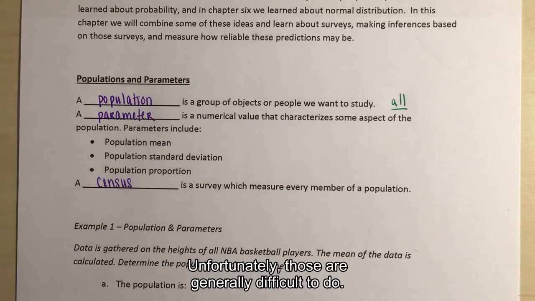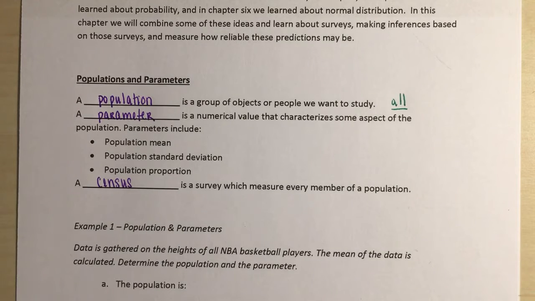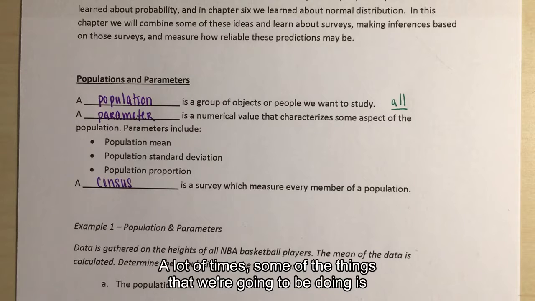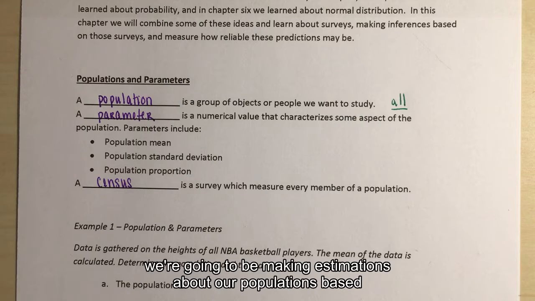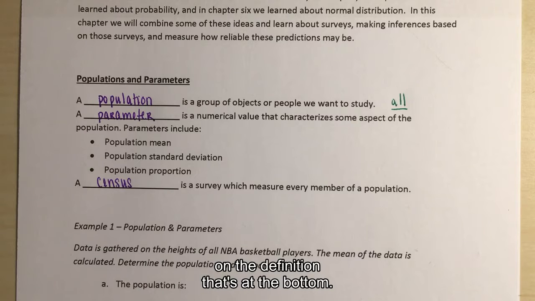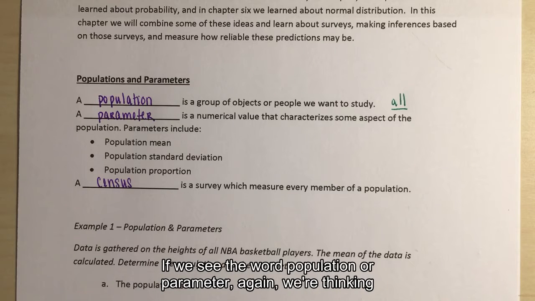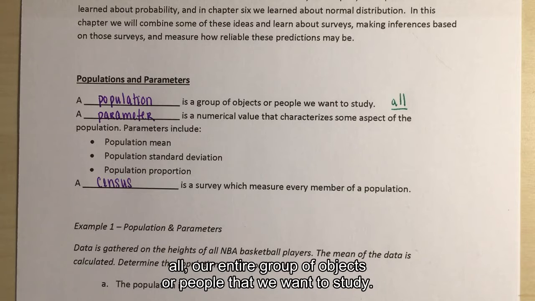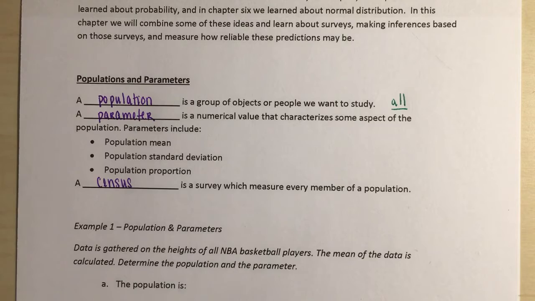Unfortunately, those are generally difficult to do. So a lot of times, we're going to be making estimations about our populations. If we see the word population or parameter, we're thinking all, our entire group of objects or people that we want to study.